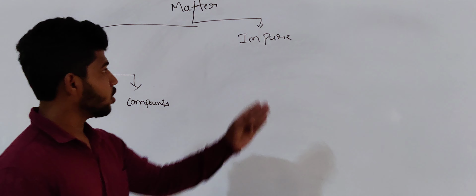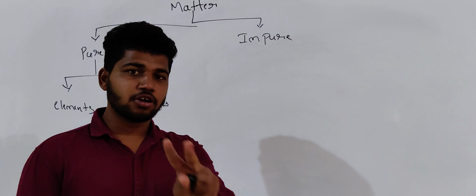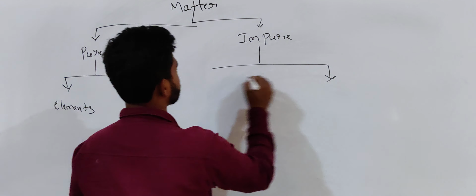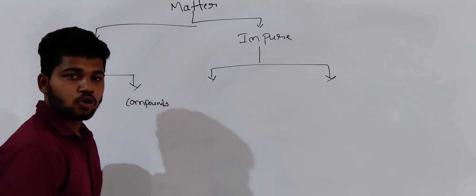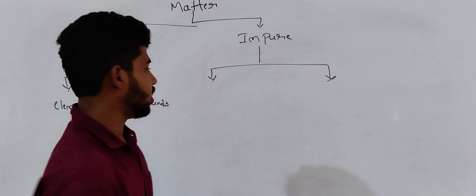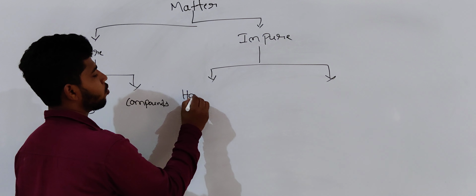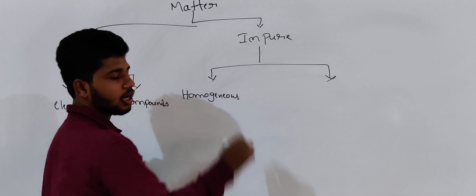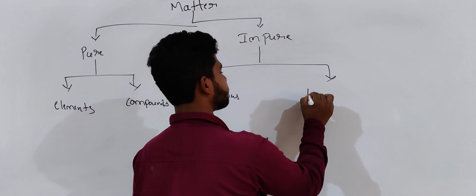And the impure substances are divided into two parts, that is the homogeneous mixture and the heterogeneous mixture.